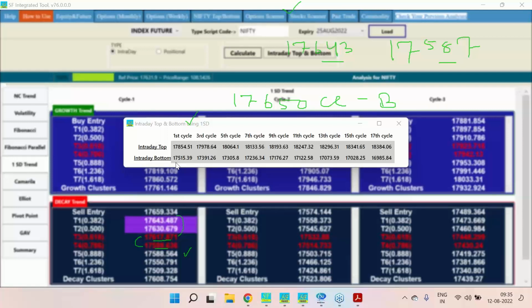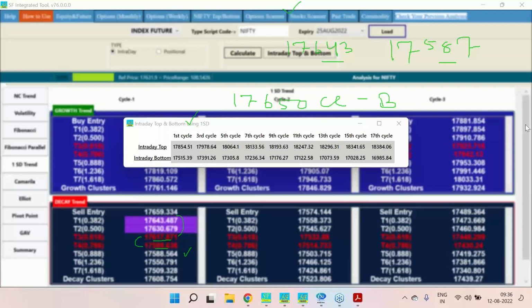If the volatility is high, it will achieve any of these targets higher. The first cycle of the top is 17,854. If the market reverses, it will go here. So this is the top and bottom for the day, 17,515 and 17,854.